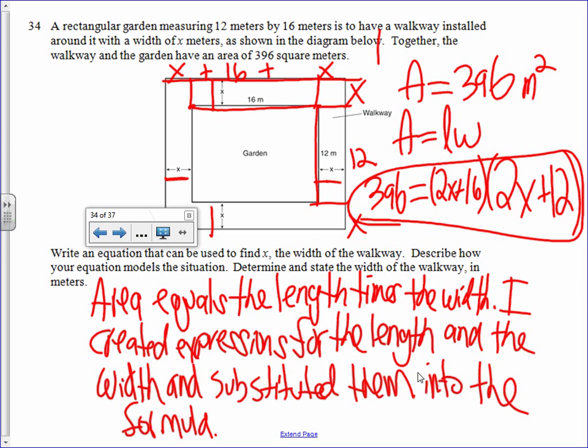Great. Not done yet. Determine and state the width of the walkway in meters. It wants me to solve this thing now.